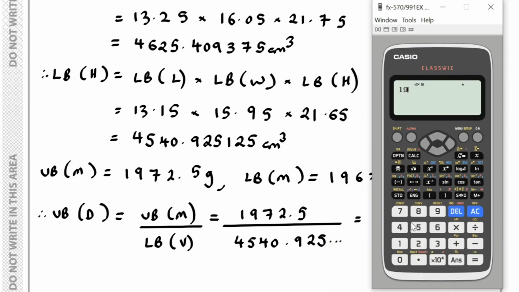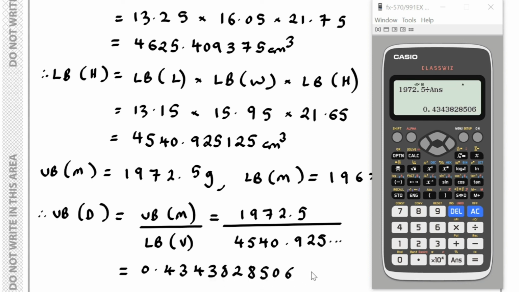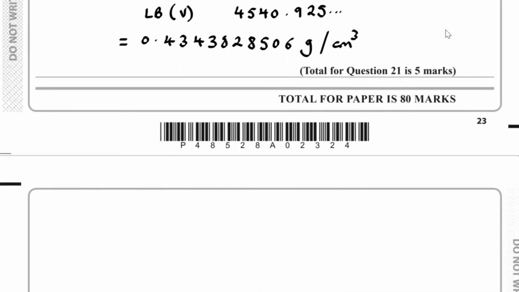I've got 1972.5 divided by this, and it turns out the upper bound of the density is 0.4343828506 grams per centimeters cubed. And the lower bound of the density, we've got the lower bound of the mass divided by the upper bound of the volume.